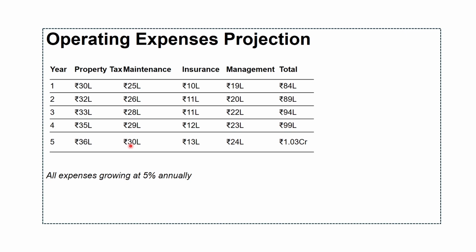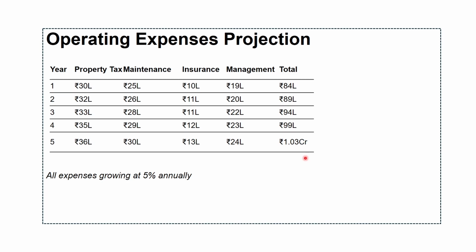Property management fees are calculated as 5% of rental income, starting at 19 lakh rupees and growing to around 24 lakh rupees. So, total operating expenses increase from 84 lakh rupees to 1.03 crores.